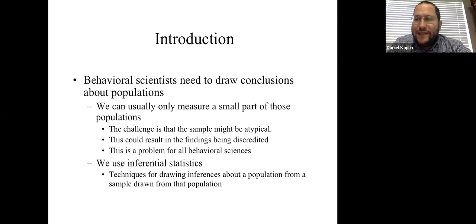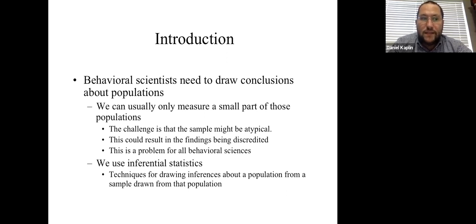A sample is a subset of scores or a subset of the population, whereas a population is all parties of interest. So if you're trying to draw meaningful conclusions about the population, but you have a sample, you might need to use inferential statistics, because here's the deal.